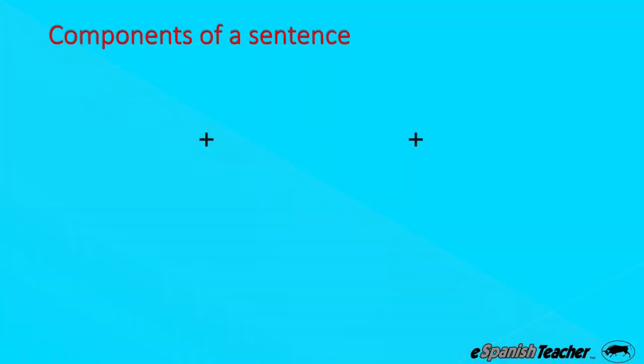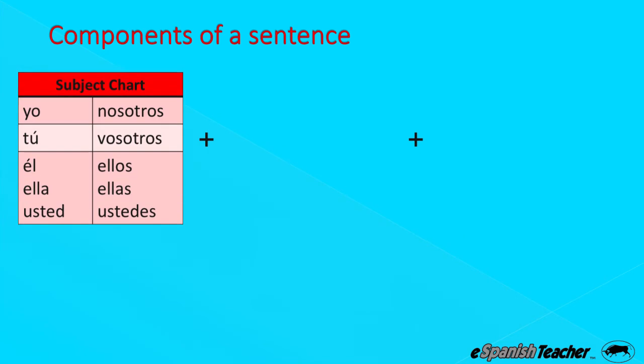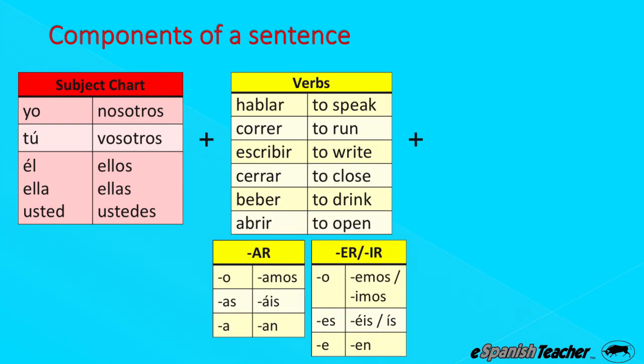All right, so here are the components of a sentence in Spanish. This is really exciting because we're only in lesson 5 and you're already getting these components. So first a subject, and here are the options that you have when choosing your subject. And here are the verbs. So it's subjects plus verbs. And here are some examples of verbs for you to choose.